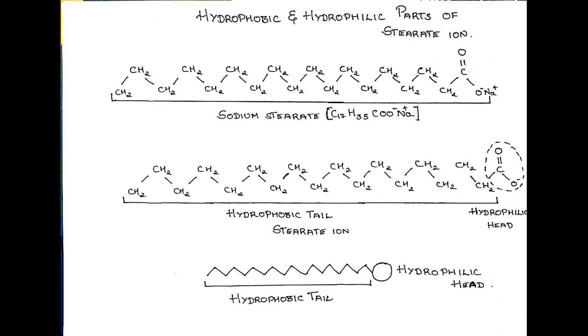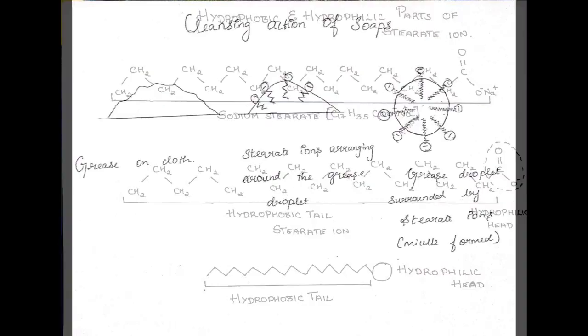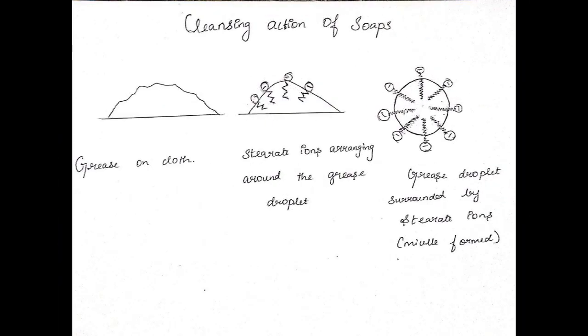Let me show you another structure. This illustrates the cleaning action. It's called the cleansing action of the soap. In a cloth, there is a spot of dust or grease. Now, you know very well, grease is a non-polar item.